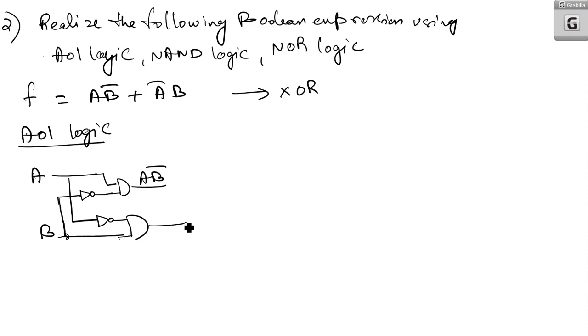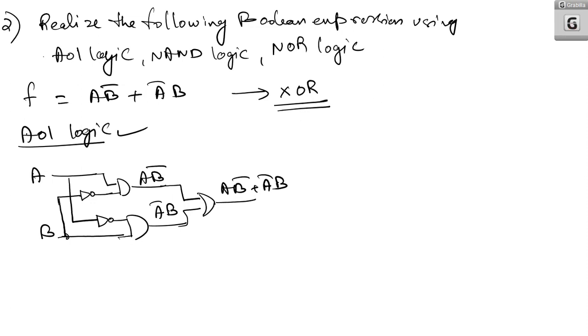If you are getting AND gate, you will get A bar B, and you are ORing it. So here what we get is AB bar or A bar B. So this is the basic AOI logic of XOR gate.